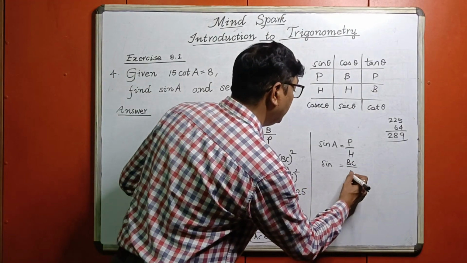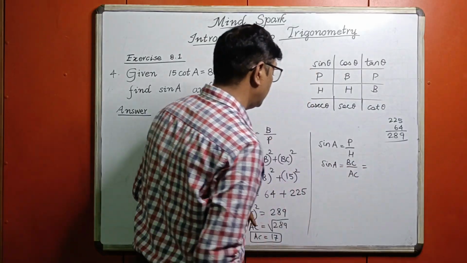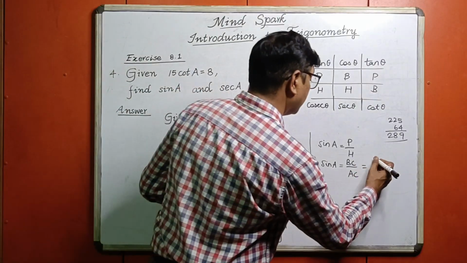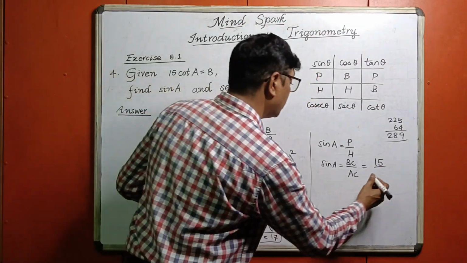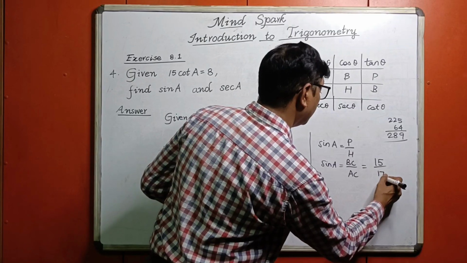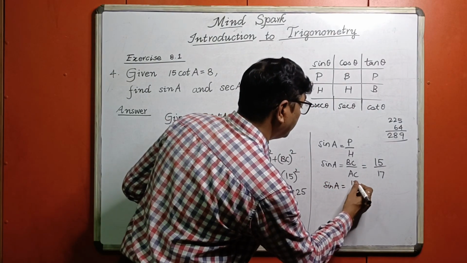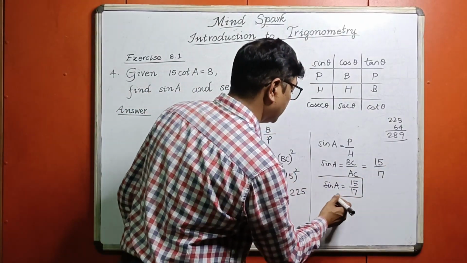In place of BC you write 15, and the hypotenuse is 17. So sin A is equal to 15 by 17. You make a box out of this.